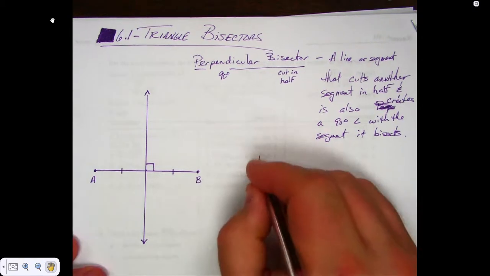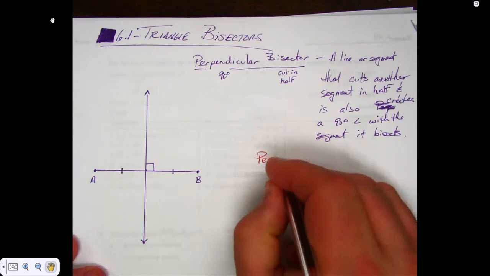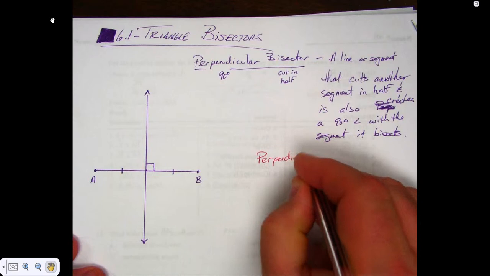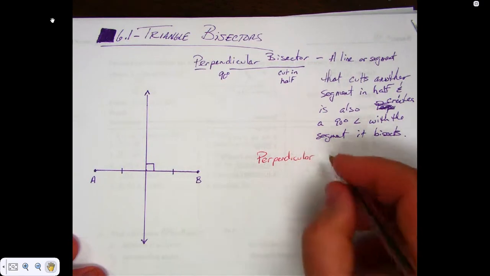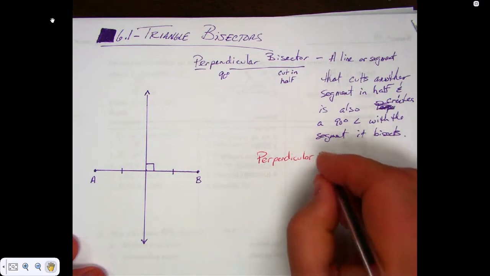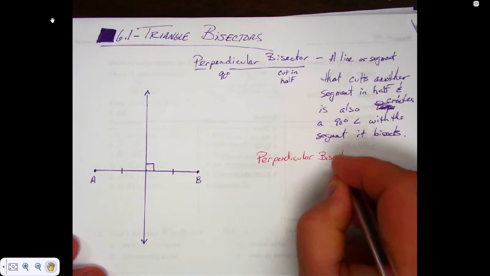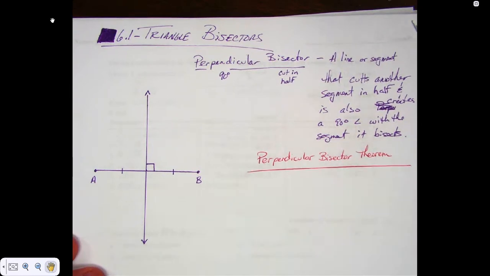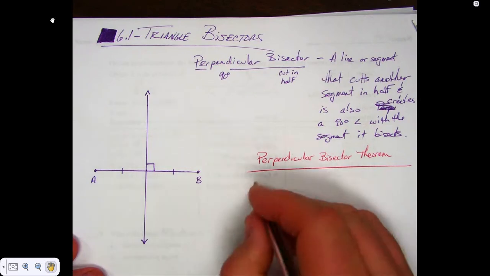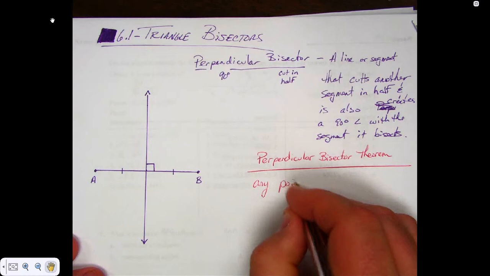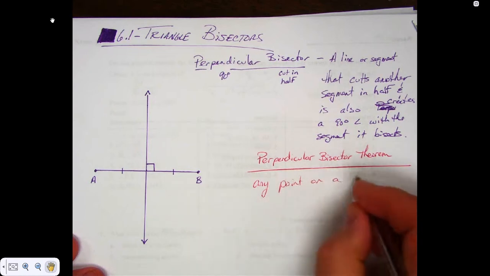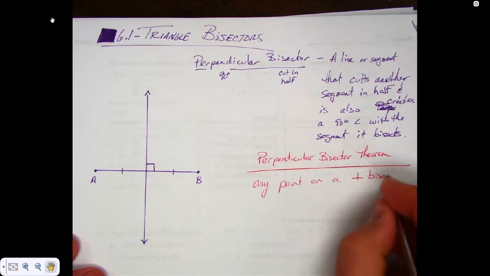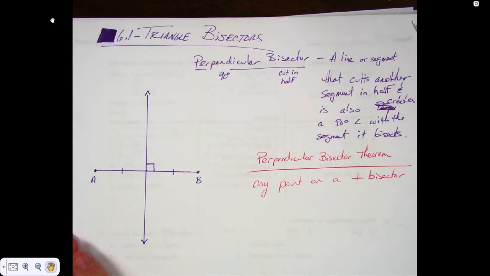Another thing we're going to talk about is the perpendicular bisector theorem. What it basically says: any point on a perpendicular bisector, what does that upside down T mean?